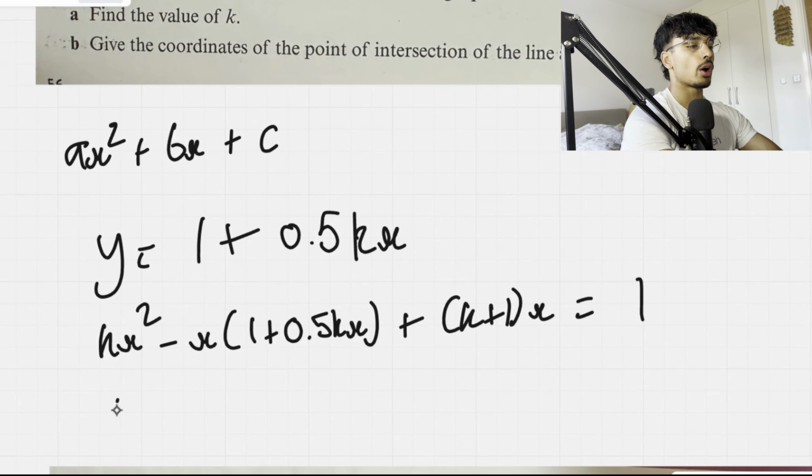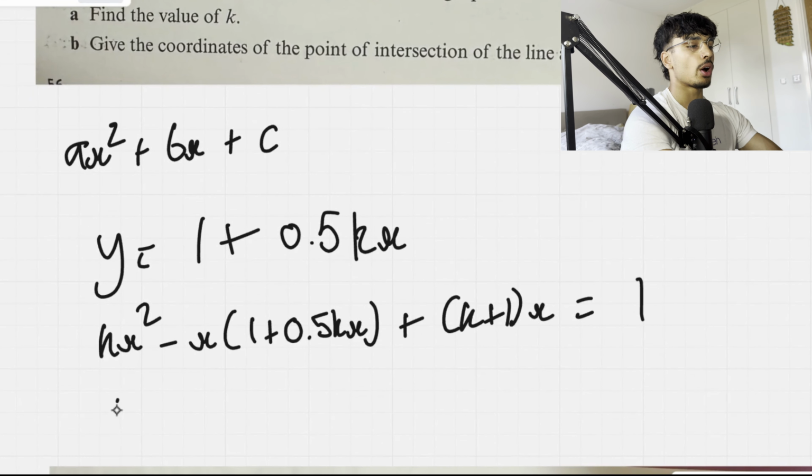So, okay, right, let's expand this. kx squared minus x minus 0.5kx squared plus kx plus x and minus 1 is equal to 0. Alright, now we need to simplify this. So kx squared minus half kx squared, you get 0.5kx squared.